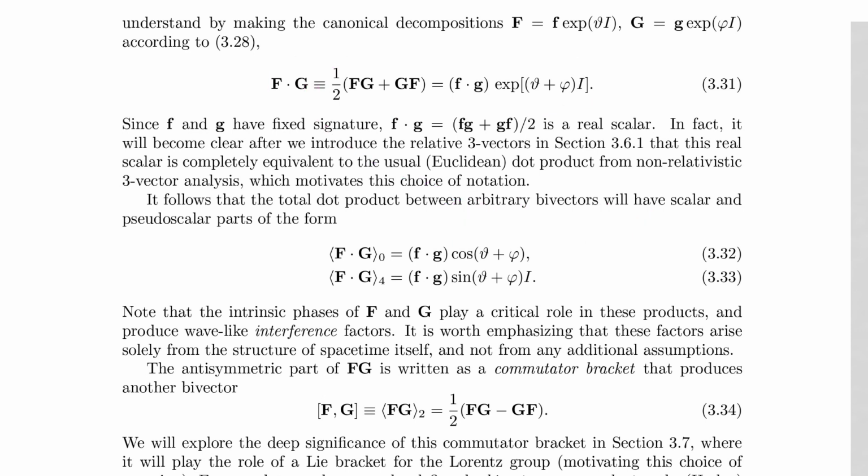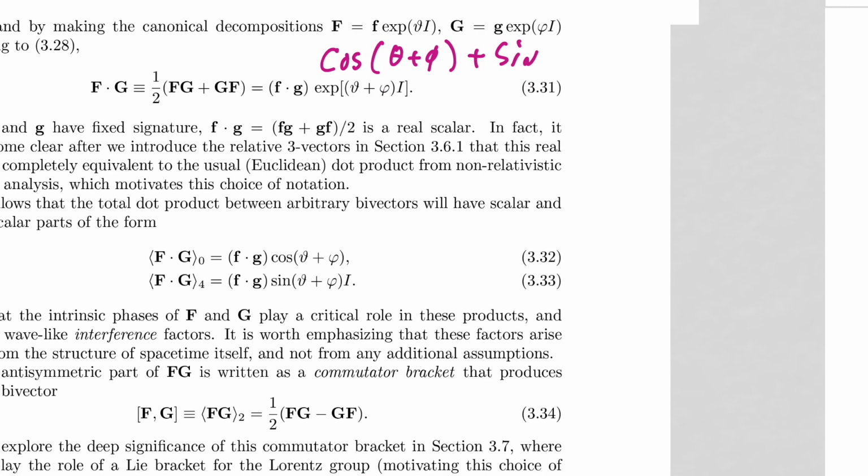So moving on, it follows that the total dot product between arbitrary bivectors will have scalar and pseudoscalar parts of this form. So that comes directly from this, right? This expression here, that exponential part is clearly cosine of theta plus phi plus sine of theta plus phi times the pseudoscalar basis vector, right?